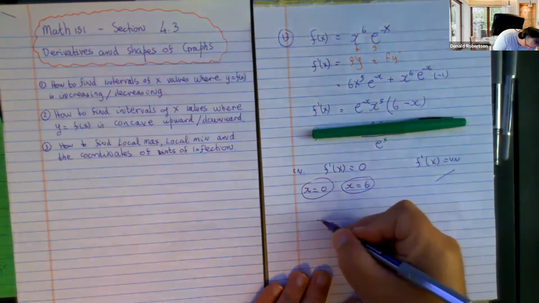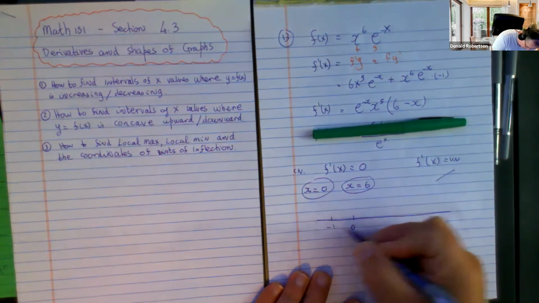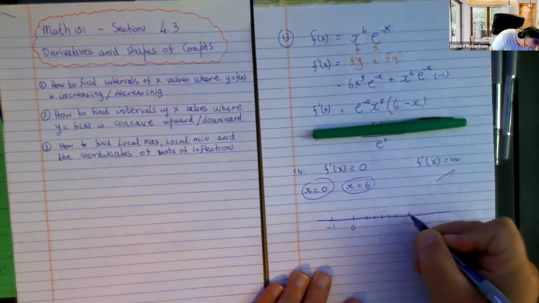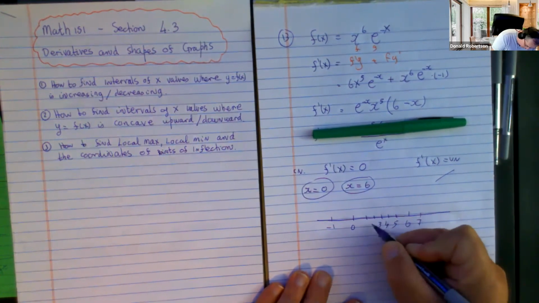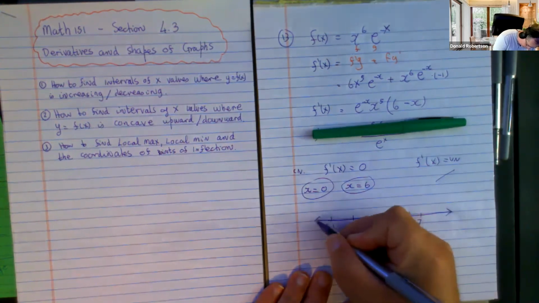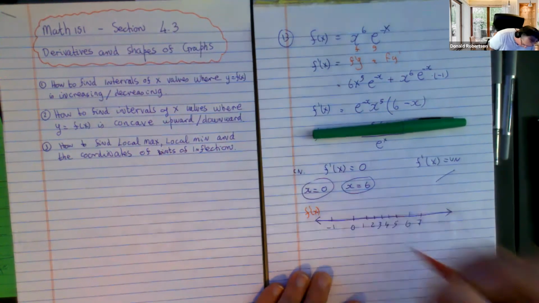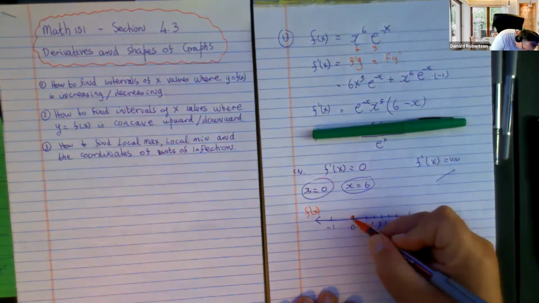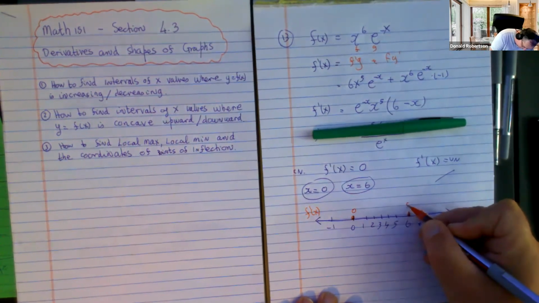And that means we now have, put 0 there, there's -1, 1, 2, 3, 4, 5, there's 6, 7. And this is our table of signs now. At x equals 0, the derivative is 0. At x equals 6, the derivative is 0.